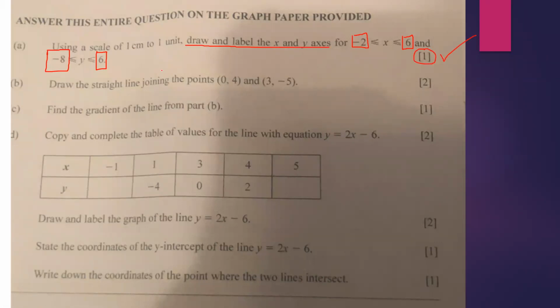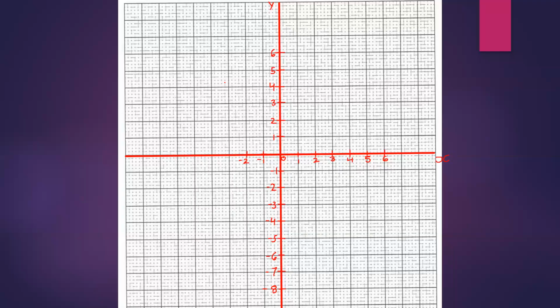Okay. Next thing that they say is draw the straight line joining the points 0, -4 and 3, -5. So Antonia, do you know how to find the point 0, -4? I think it's the little boxes inside the square.